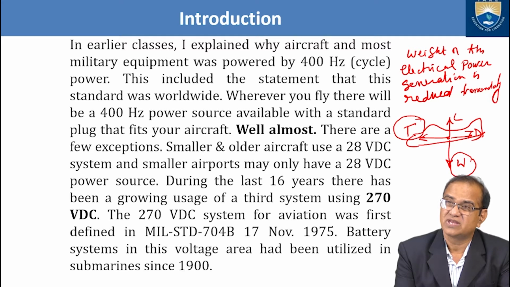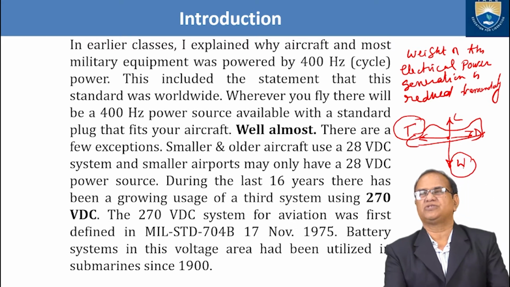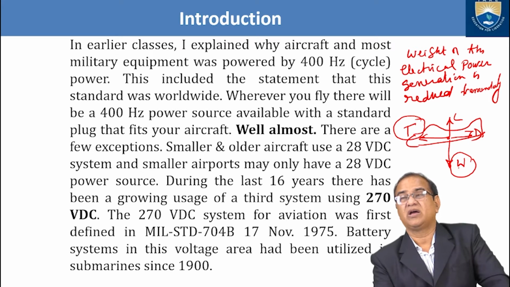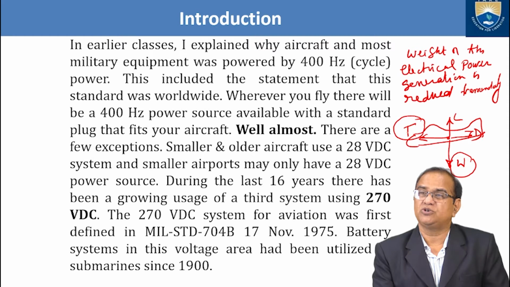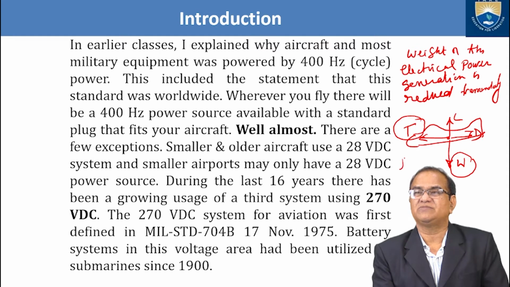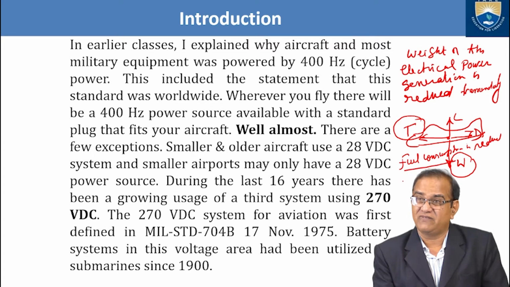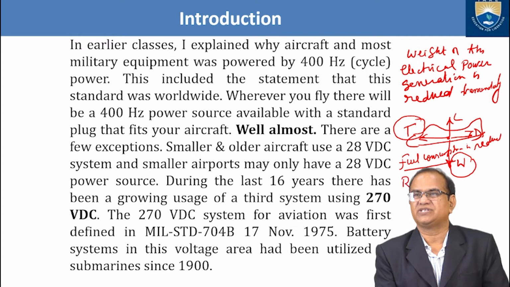As much as you are able to reduce the weight, that much the thrust is reduced. Once you reduce the thrust, the fuel consumption is reduced. As the fuel consumption is reduced, for a given weight of fuel, range and endurance will be more.